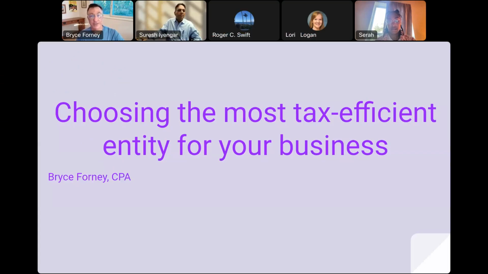I'll allude to some of the legal parameters around entity type, but really this is focused on helping you understand what the tax implications are by entity for your business. And we'll go through an actual example so you can see how the taxes are, pros, cons, that sort of thing.